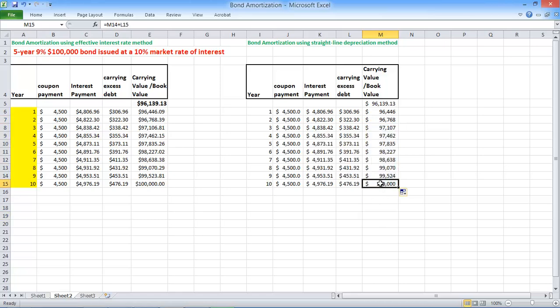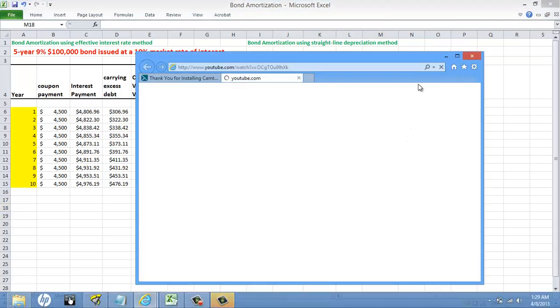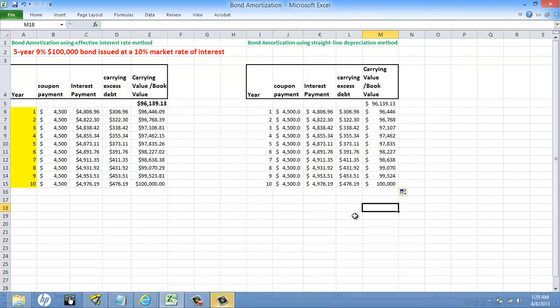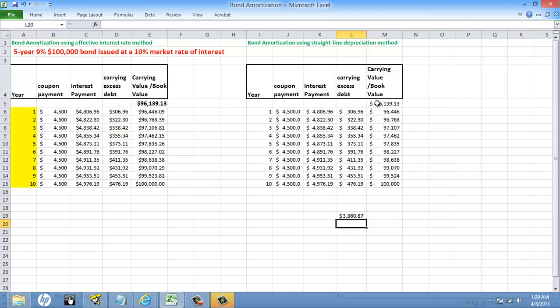You see over here. So what has happened here is we borrowed 96,139, and at the end of year 10, we have to pay $100,000. So our interest cost is $100,000 minus this amount right here.